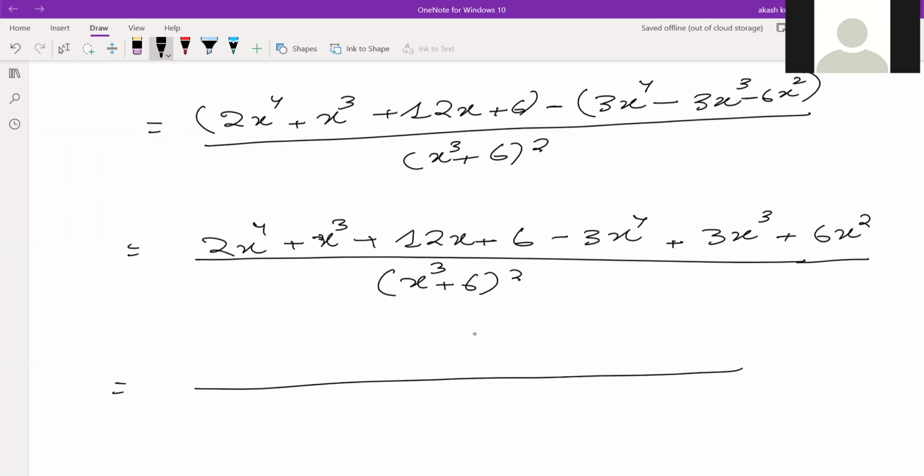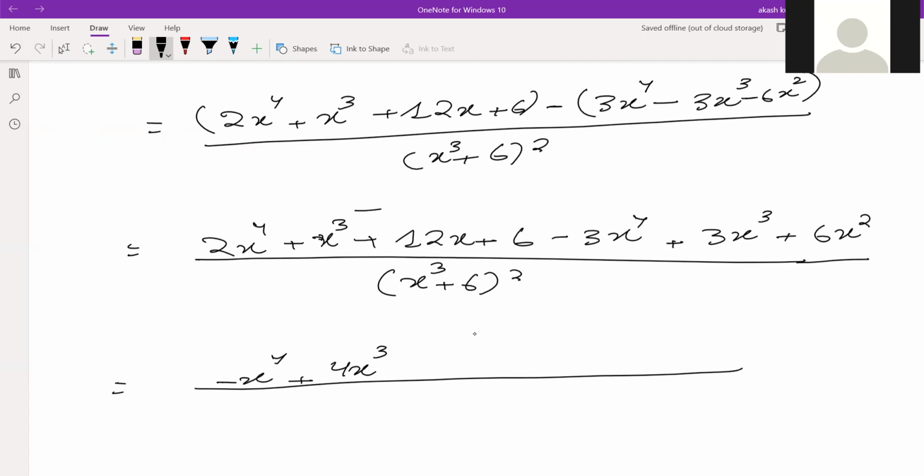And now just add and subtract the like terms. So minus 3x4 plus 2x4 will be minus x4. And x cubed plus 3x cubed will be 4x cubed.